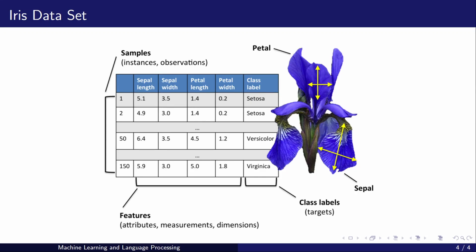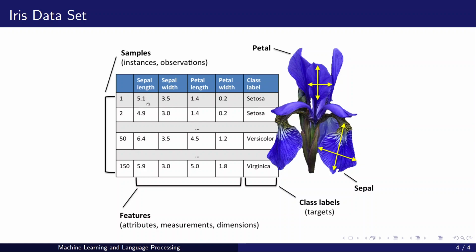The second data set is iris data set. It contains four classes. Four classes are Setosa, Versicolor, Virginica, and one more. So here it has got class label. Then there are four features: sepal length, sepal width, petal length, and petal width. This is the data set about flowers.